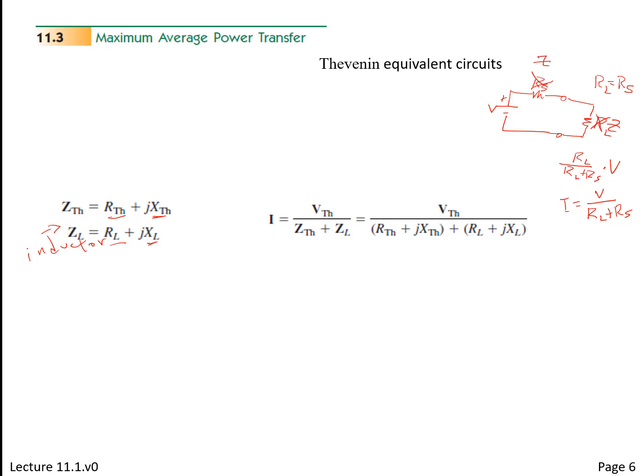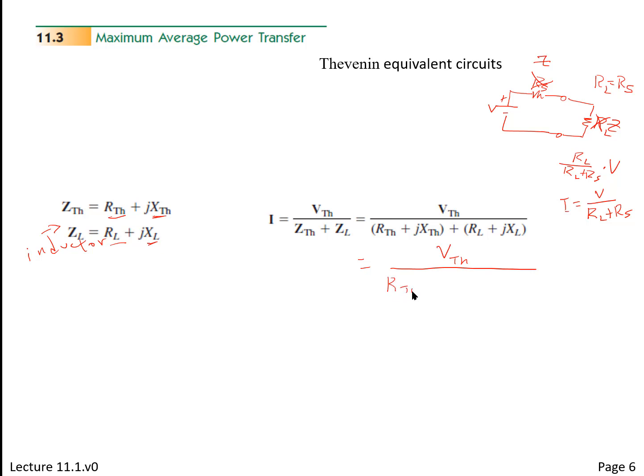Okay? So the next obvious step, or maybe it's not so obvious, is you want to take the real parts and the imaginary parts together, and get things grouped the way they would be.